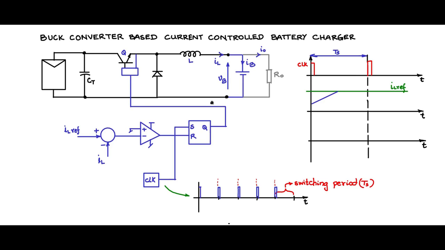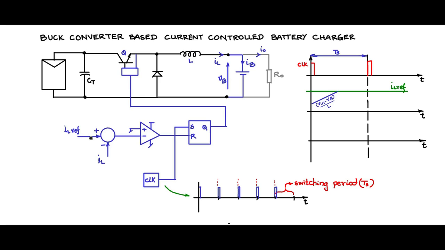So when Q is high, it is providing the base drive or gate drive to this power semiconductor switch, and thereby the inductor current is integrating and having a positive slope, and that positive slope is Vin minus VB, the battery voltage, divided by L. So it keeps increasing in this fashion.